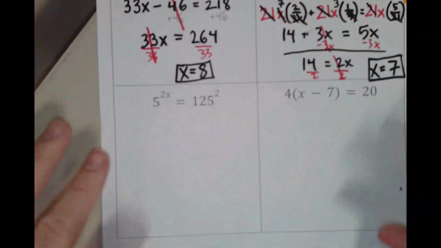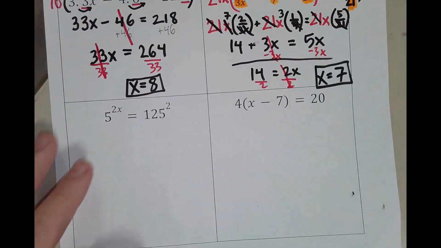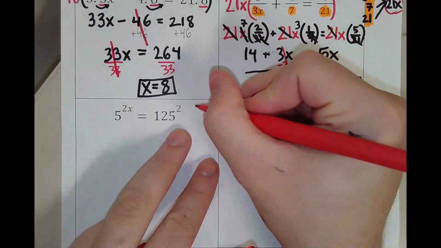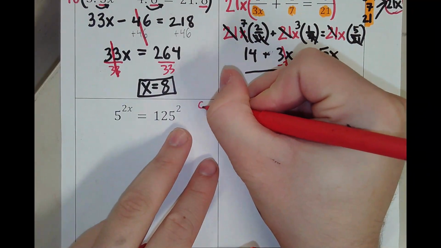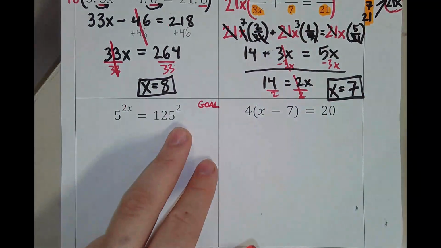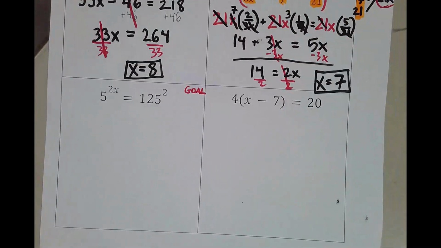All right, next up is going to be this type of problem right here. For this type of problem, our goal, please write this down. What's our goal for these types of problems?